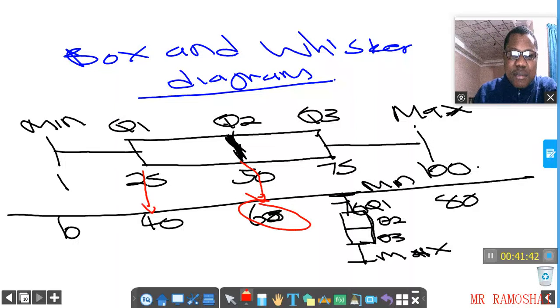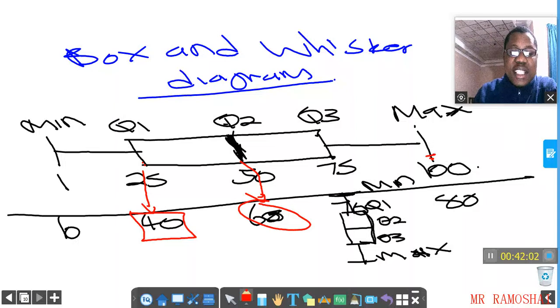Let me explain this one again. It means that 25% of the whole class got less than 40, whereas 75%, how do we get 75? We say 100 minus 25. From here up until here we have 75%.